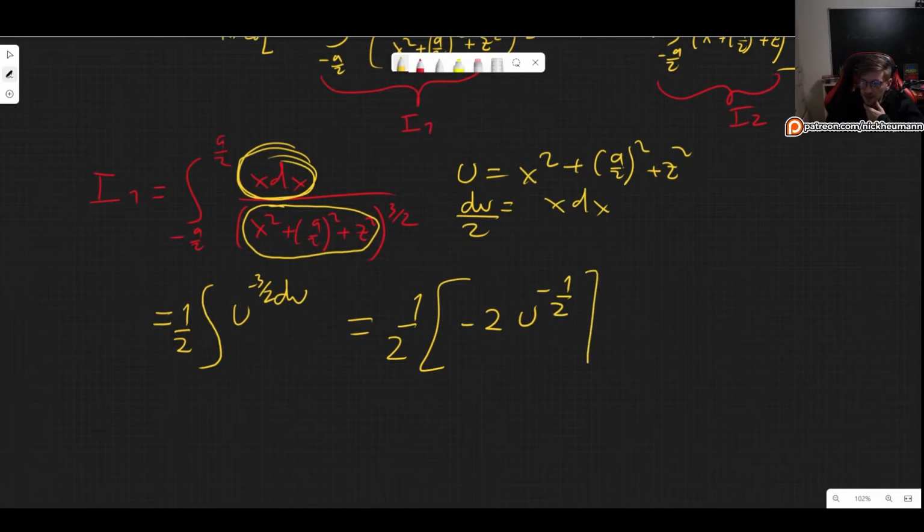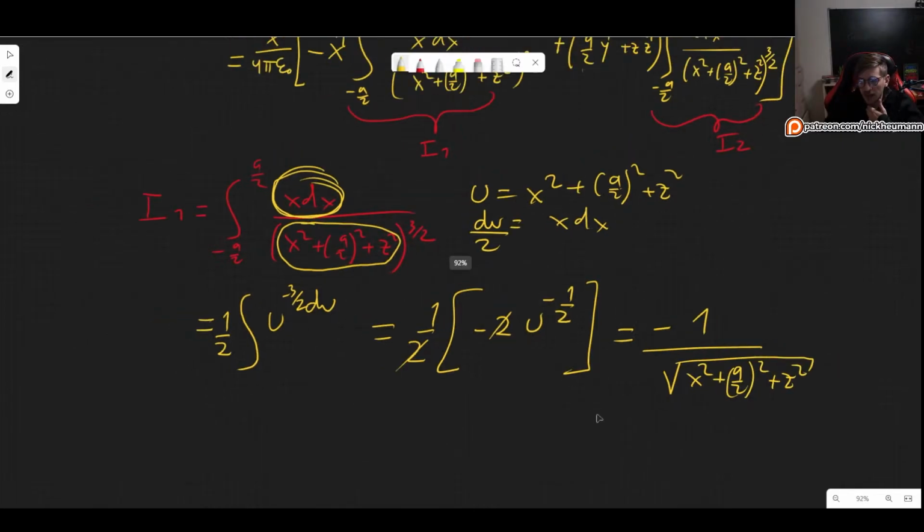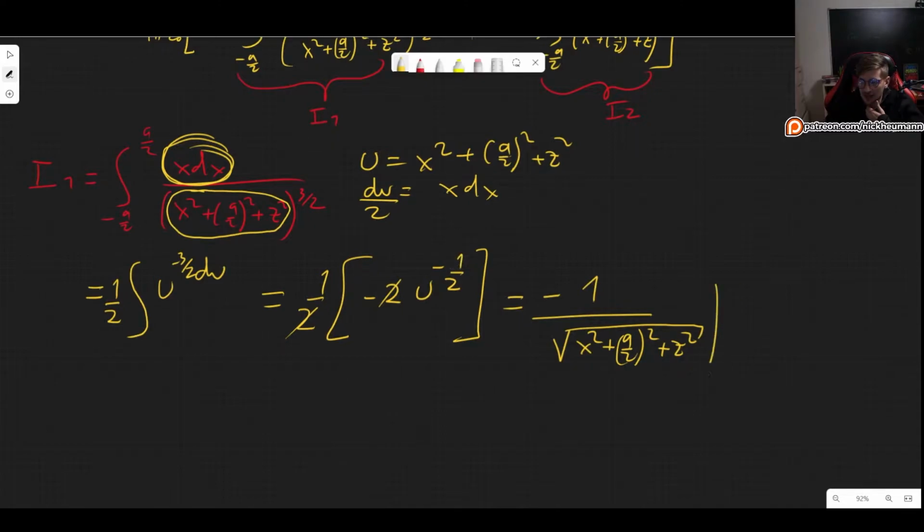All right, so now we have to undo our substitution. This and this cancel out. We get minus 1 over the square root of x squared plus a over 2 squared plus z squared. Okay, and now we evaluate this at our endpoint, so minus a over 2 and a over 2.